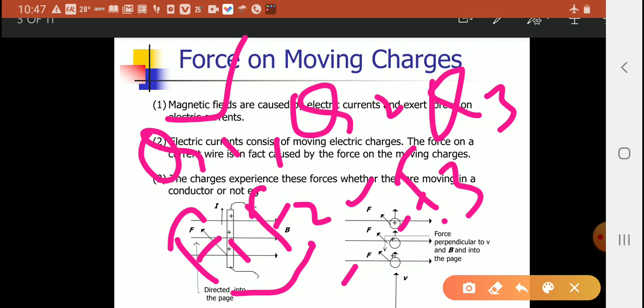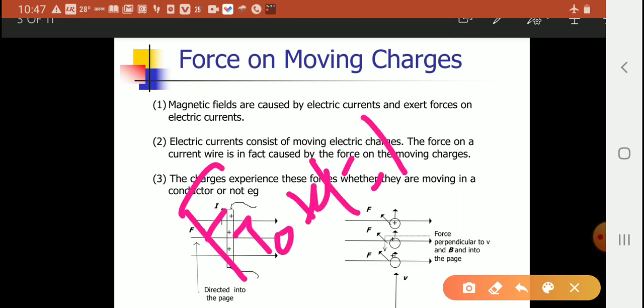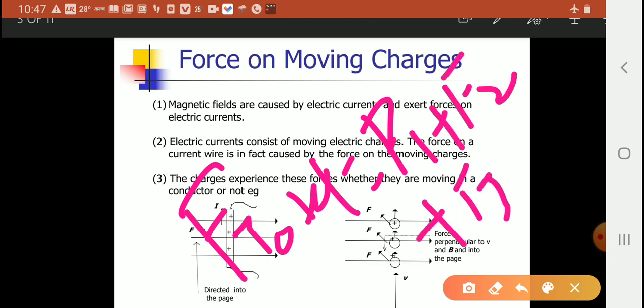So if there are several charges, the resultant force on a charge due to all the charges is F total, which equals F1 plus F2 plus F3, right?